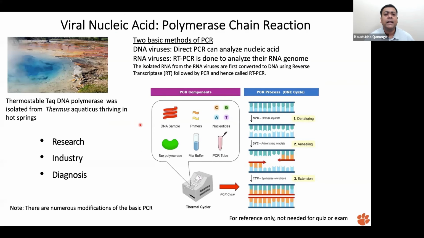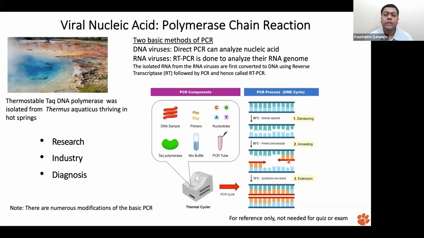Next comes viral nucleic acid polymerase chain reaction, which is used in research, industry, and diagnosis. You have learned about PCR, so I'm not going to go into it in detail, but as an overview, Taq DNA polymerase is a thermostable DNA polymerase used in these reactions, where you have either DNA viruses or RNA viruses.